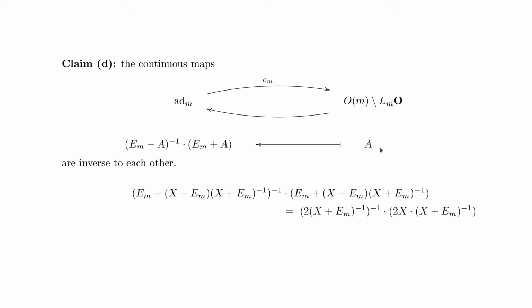Now the two 2's cancel, and doing inverse twice is the identity, so we arrive at the expression (X plus E_m) in parentheses times (X plus E_m) inverse. Because X commutes with all the other factors, the 2 outer terms cancel and we're left with just X. This concludes the proof that one of the 2 composites is the identity. The proof that the other composite is the identity is similarly explicit.